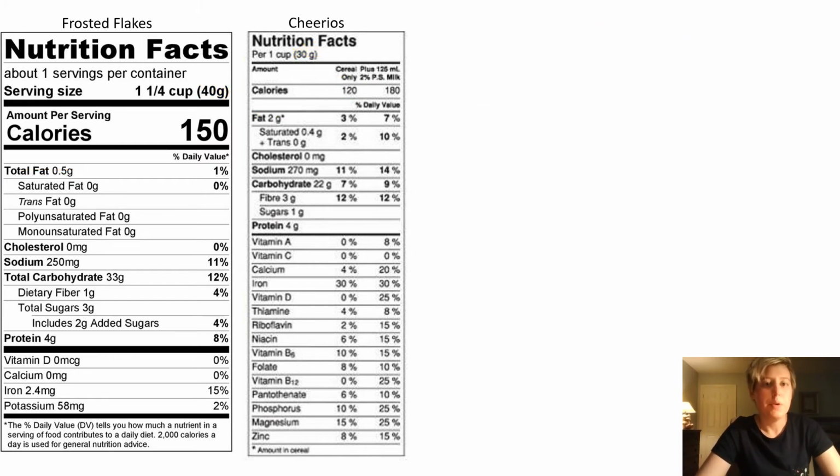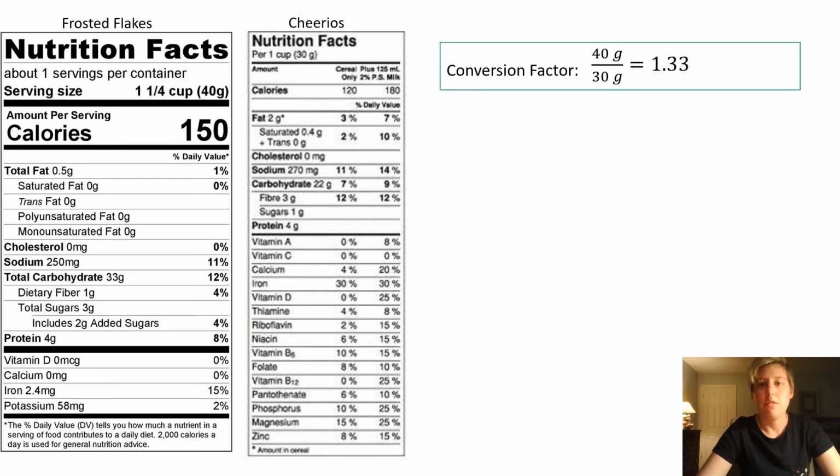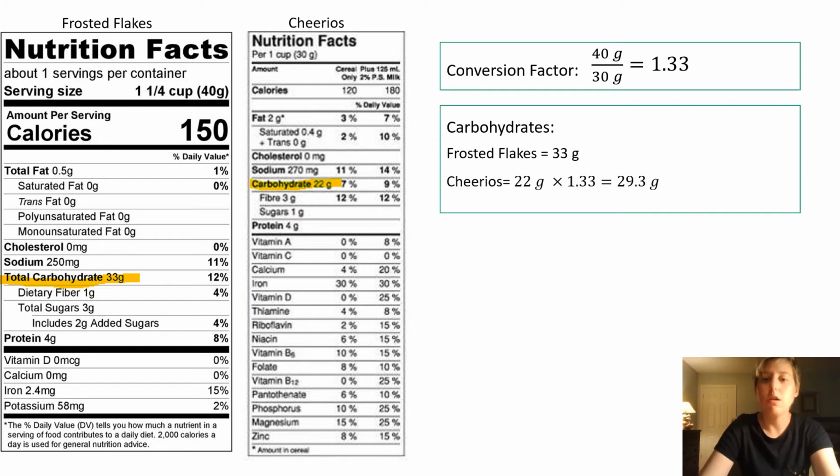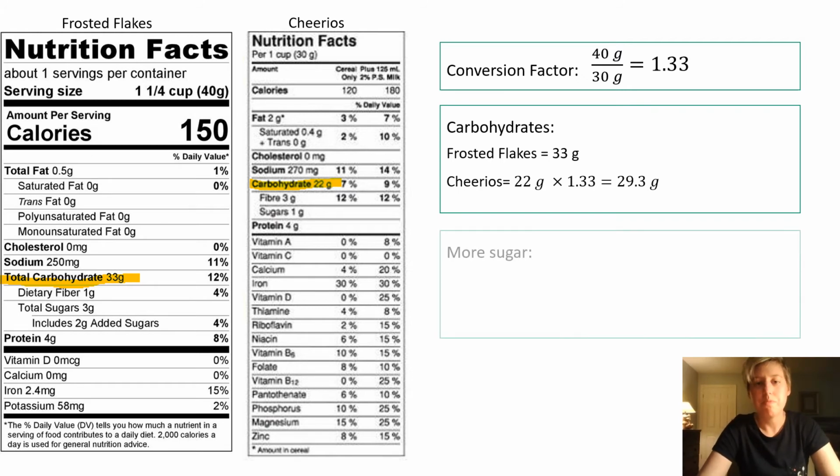Our next category, and again our conversion factor is written right there, is the number of carbohydrates. We are not separating our dietary fiber and our total sugars yet. We're just looking at total carbohydrates. For Frosted Flakes, our total carbohydrates would be 33 grams. For our Cheerios, our total carbohydrates is 22 times our conversion factor, which gives us 29.3 grams.